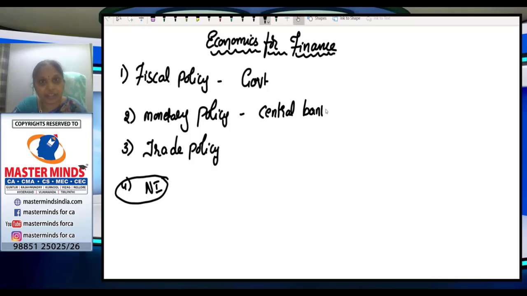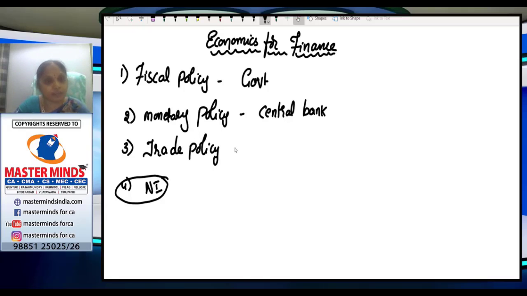In each and every country, there is a central bank to issue the currency and to control aspects like inflation, credit, investments, employment, whatever it may be. The functions carried out by the central bank, we call monetary policy. In our country, the central bank is the Reserve Bank of India, and the authority vested in the Reserve Bank of India is called the monetary authority. The policy implemented by the monetary authority is known as monetary policy.